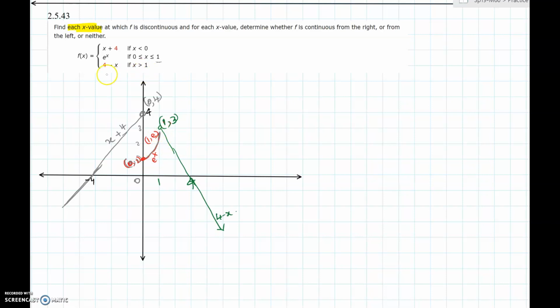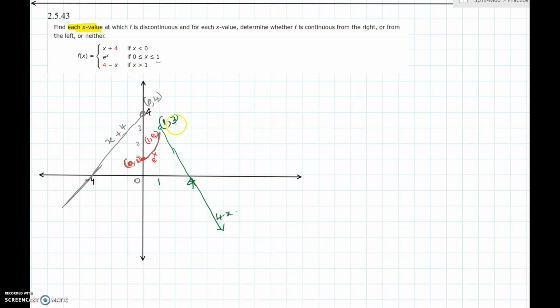Now, when x is more than 1, it is 4 minus x. So the slope is negative. The y-intercept is 4, so if you draw the full graph, you have to cross through 4, but it is starting only after 1. So when x equals 1, it's actually not defined. When x equals 1, y equals 4 minus 1, which is 3.